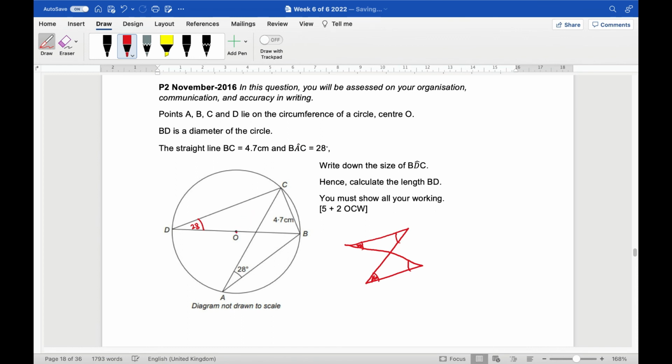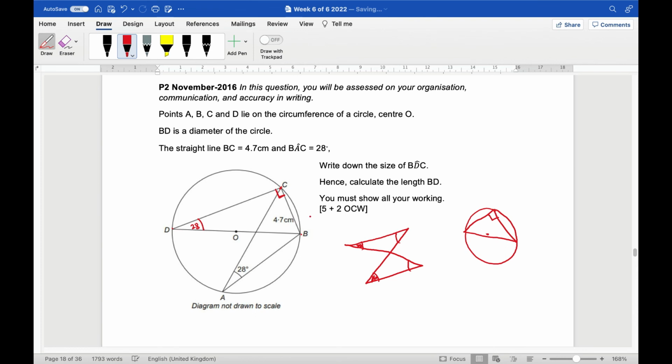There's another rule going on here as well, because one of my lines, D to B, is going through the centre. And one of my other circle theorems is if a line goes through the centre and then meets there, that is a 90-degree angle.